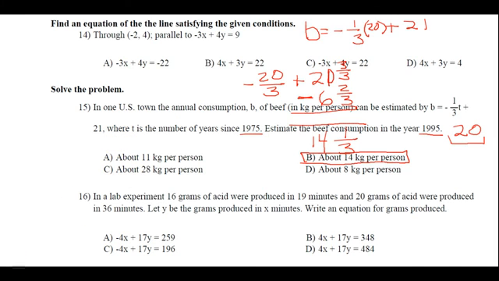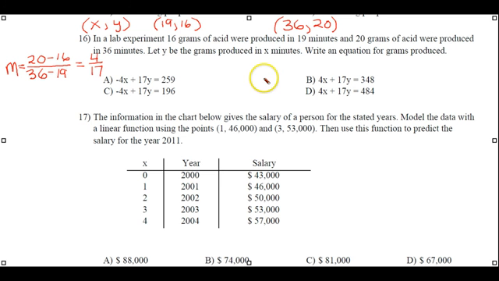All right. So this isn't too long. I did some of the work. I read this over, and again, you can pause it to read it carefully, because these are applications. So we have grams of acid and time. I can set up ordered pairs. Now I could use these ordered pairs to find the slope.